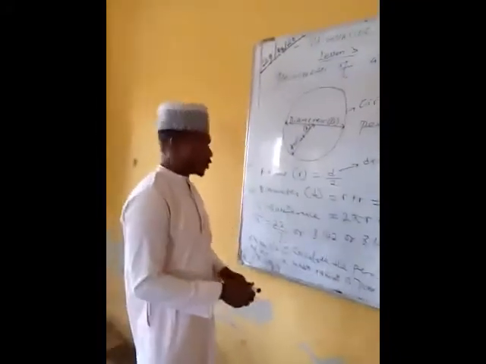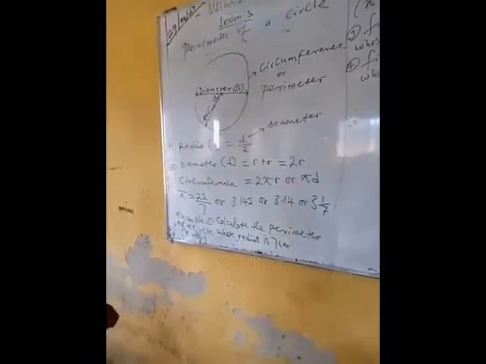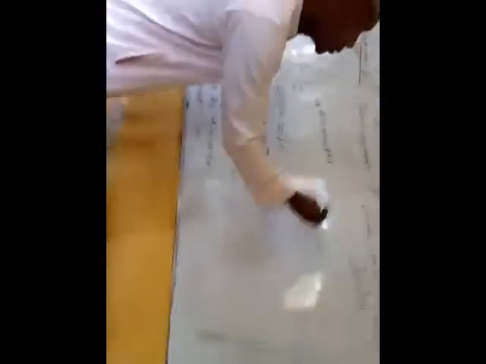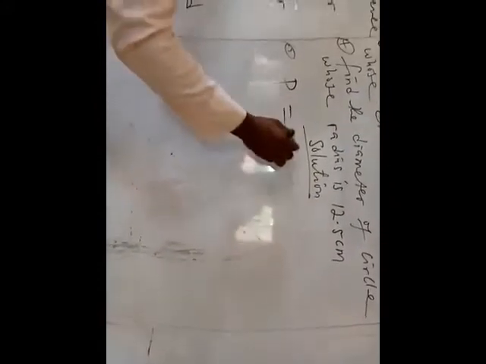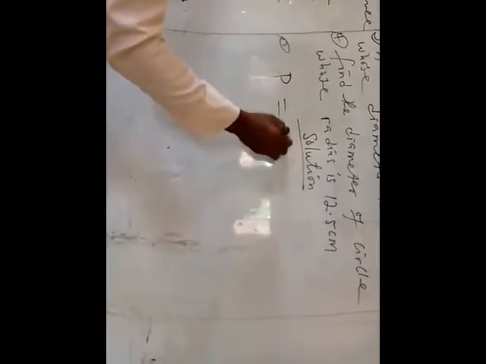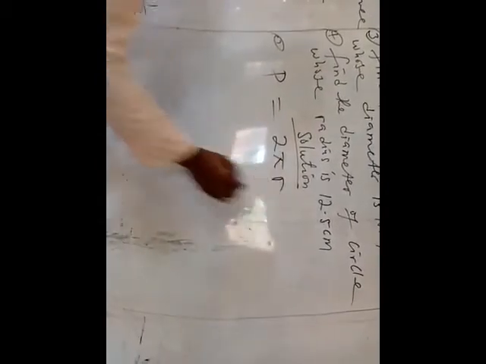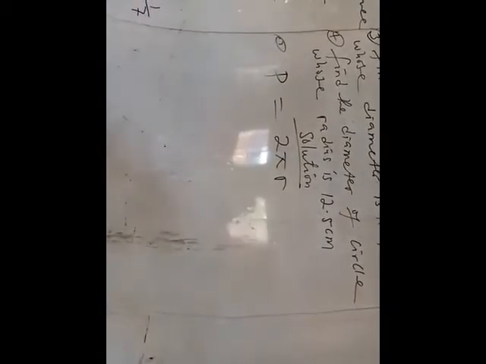Let's start. Question 1. Calculate the perimeter of a circle whose radius is 7 centimeter. So perimeter of a circle is given as C or P equal to 2 pi r. Here could be C as circumference or P as perimeter.